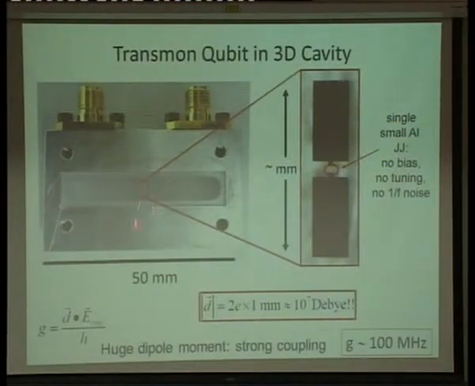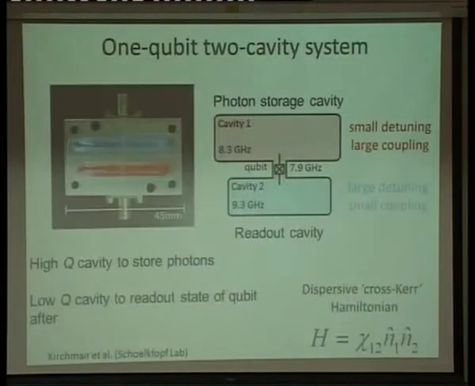And so you can get the atom talking very, very strongly, exchanging energy with the cavity at rates of order 100 megahertz, much, much higher than the dissipation rates due to photons leaking out of the ports or the qubit somehow eating up the energy.